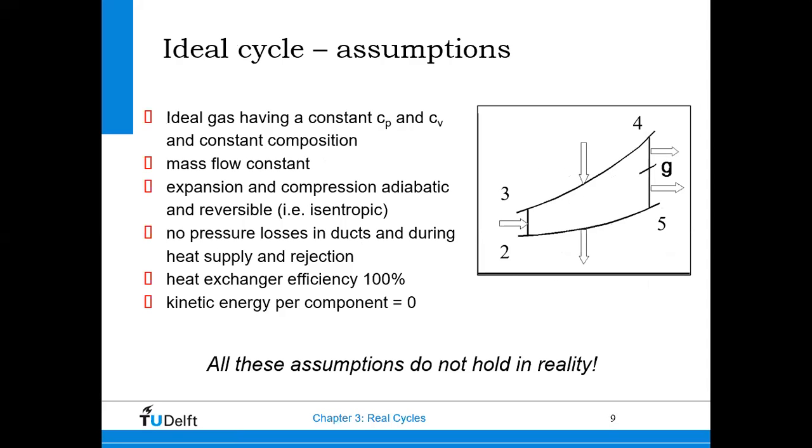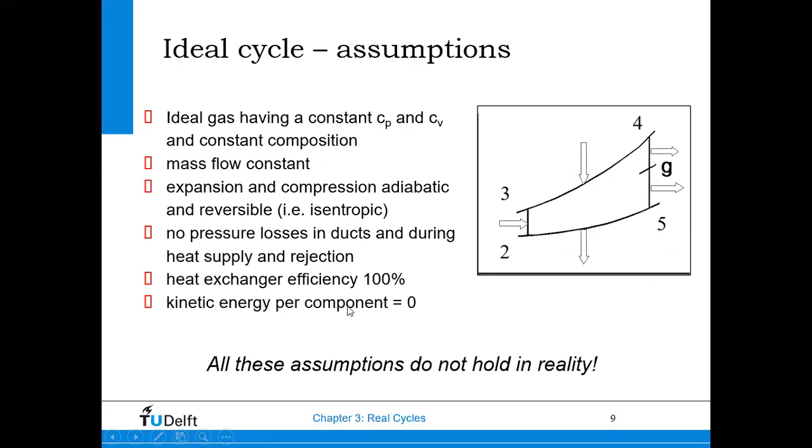Well, in most cases, we make our life a little bit simple, so we have some ideal cycle assumptions. First of all, we assume a constant Cp, specific heat at constant pressure, and constant composition. That makes it possible to directly translate the entropy difference into temperature difference all the way around.